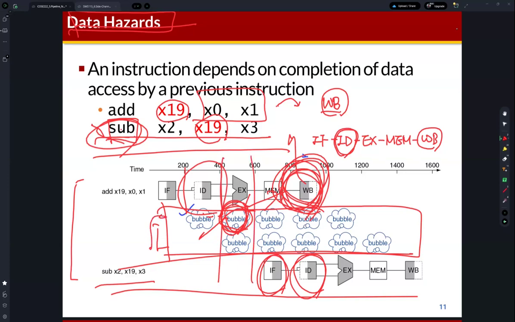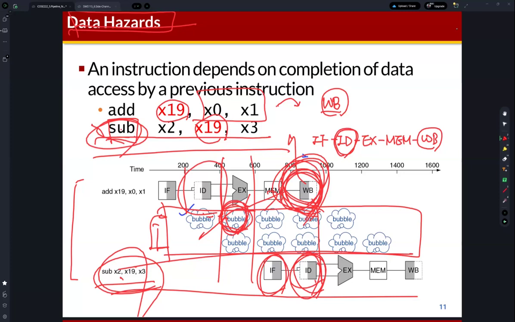So the following instruction, the next instruction, needs to wait for 2 cycles, so it can read the result of the previous instruction.